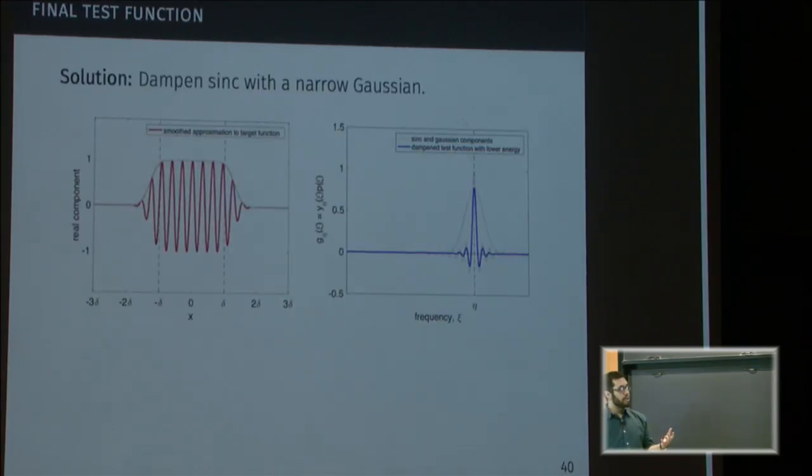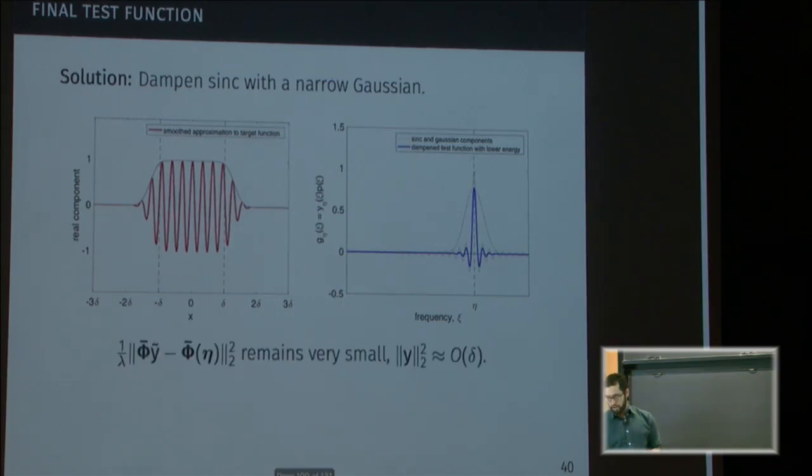So what we end up doing, I'm not going to do the math, it gets a little gory, is instead of approximating just by that sinc function, we dampen everything by a Gaussian. So we multiply our test function on the right by a Gaussian, which corresponds to convolving that box function with a narrow Gaussian.